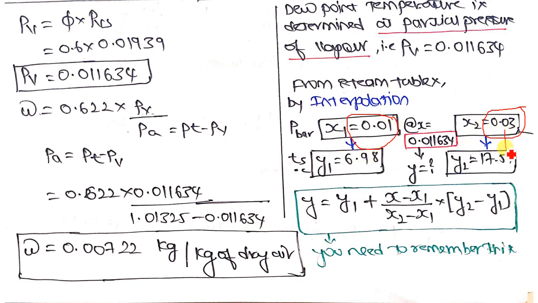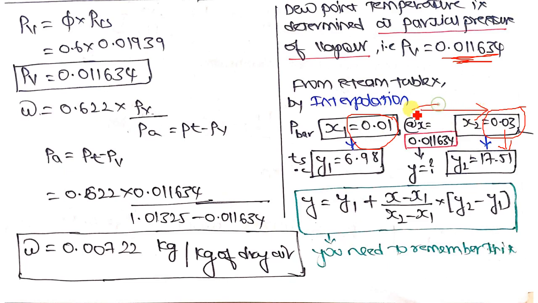But you require the value for 0.011634, which comes in between these two values. Then how do you find the temperature for this pressure value, which comes intermediate between these two values? For that you have to follow the interpolation method.